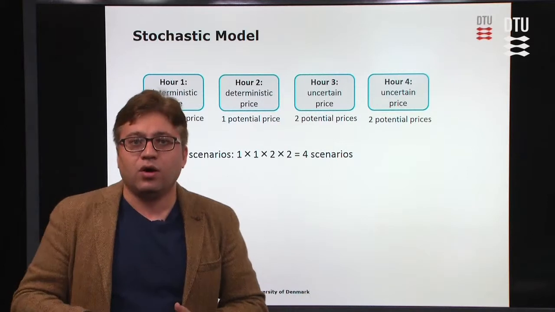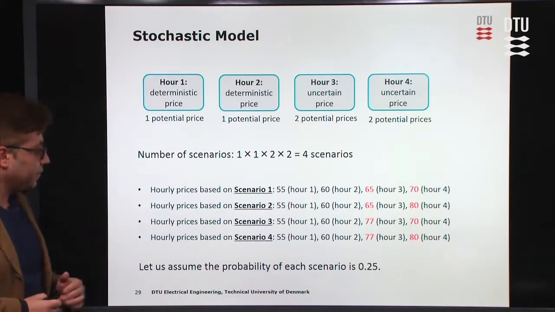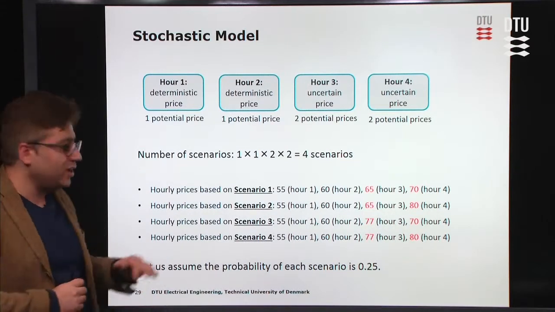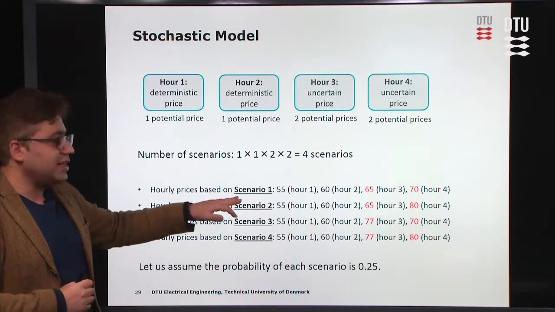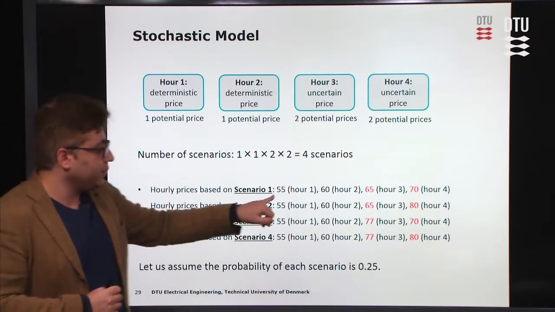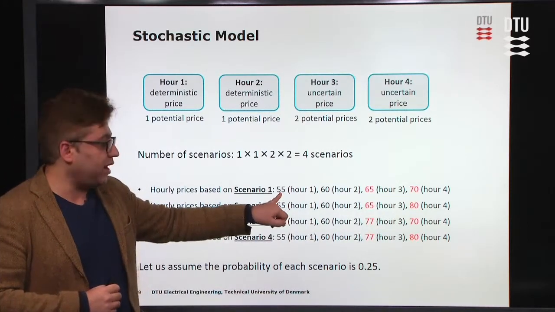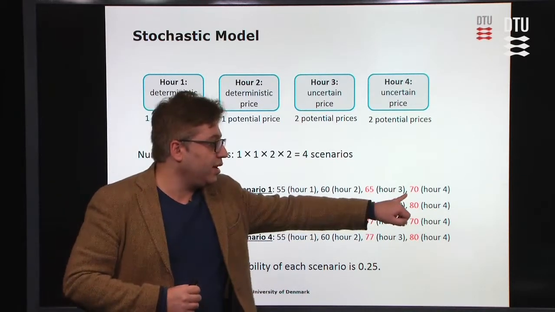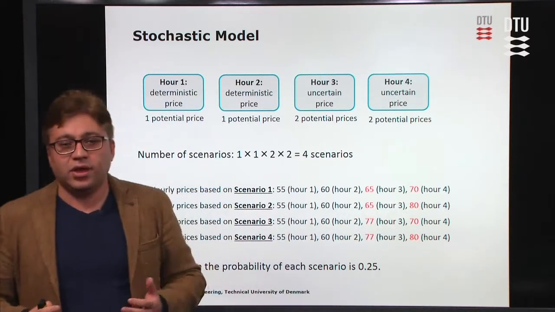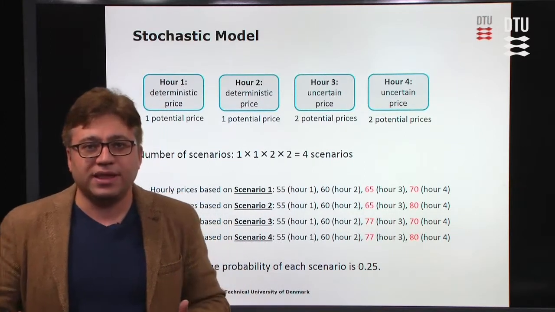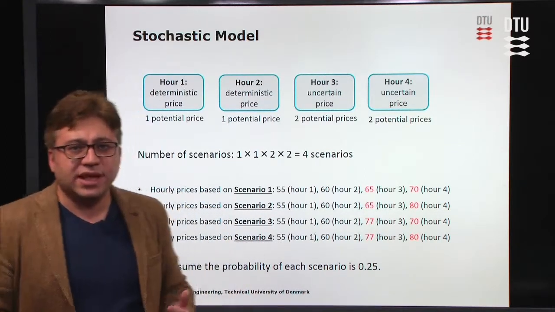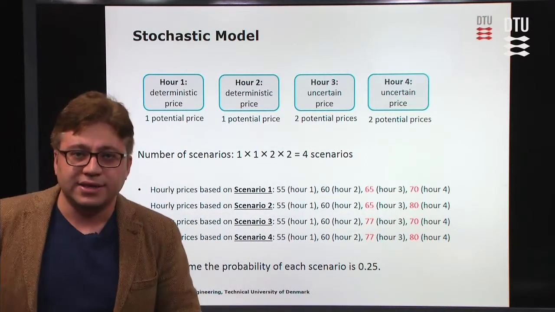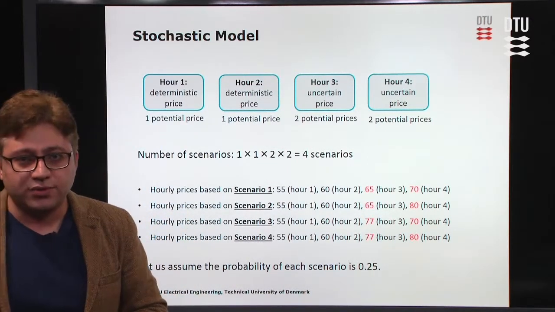or 4 scenarios for the profile of the future prices in the coming 4 hours. What are those scenarios? For example, based on scenario 1, the price in hour 1 is 55, in hour 2 is 60, in hour 3 is 65, in hour 4 is 70. So here we have all the combinations of prices that we can build based on our forecasts, and in this case there are 4 scenarios.